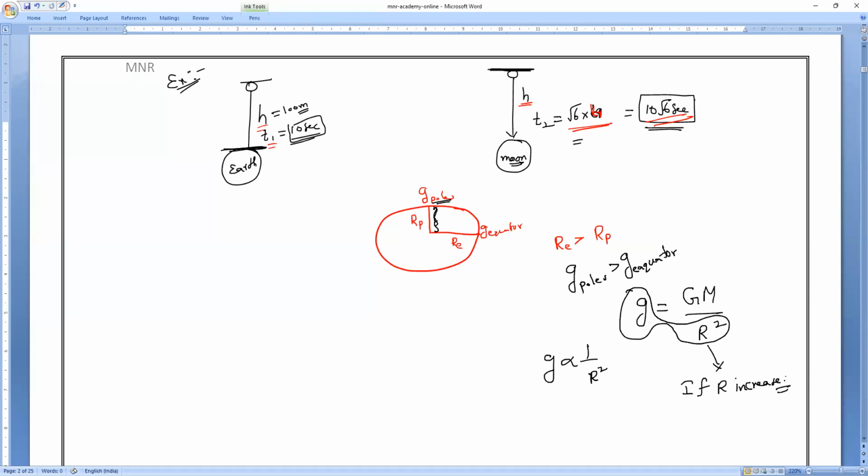So if R increases, the g value decreases. Everything okay? Please respond, all of you.